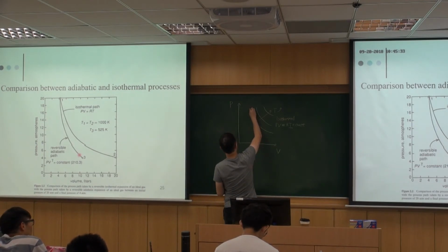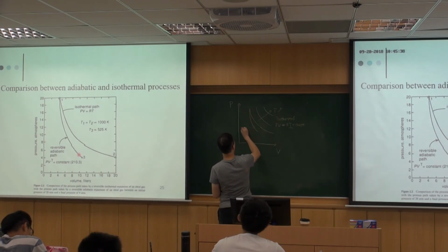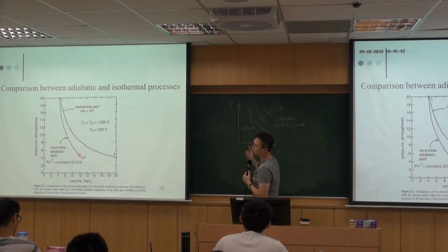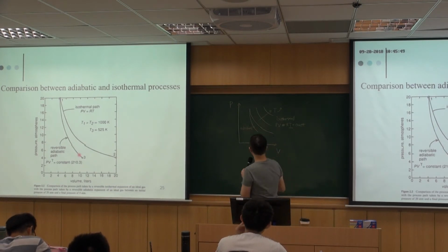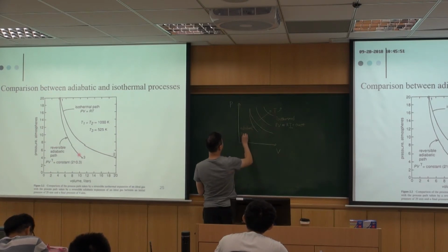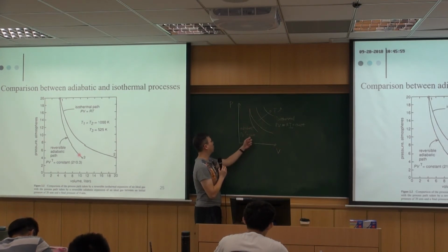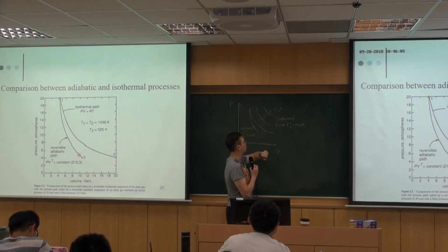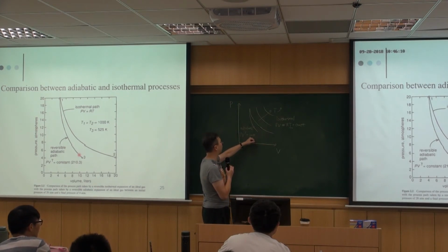If you're dealing with an adiabatic process, typically the line will look like this. It will go below the isothermal path. And we will have PV^gamma as constant. The number for this constant is not as clearly defined. It also depends on the temperature and other factors.